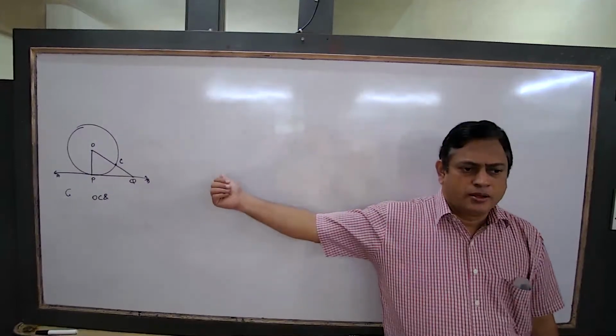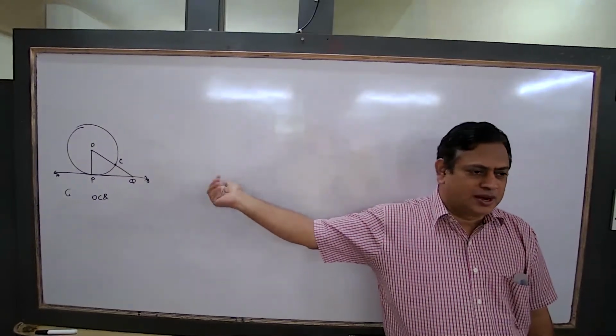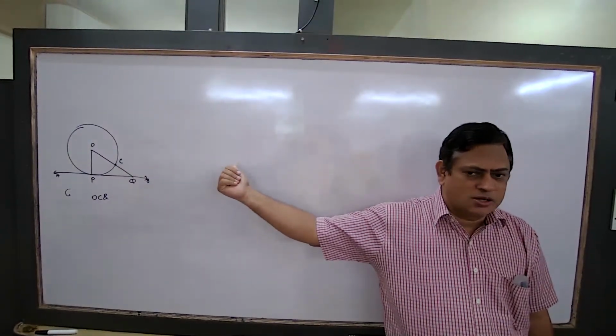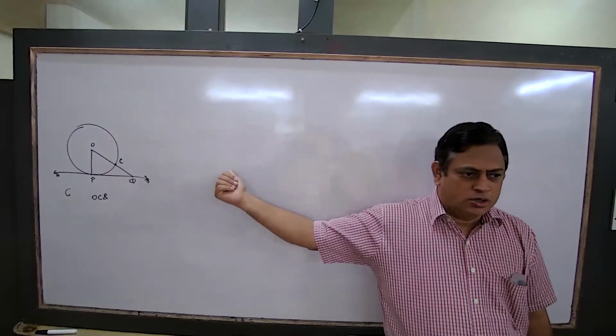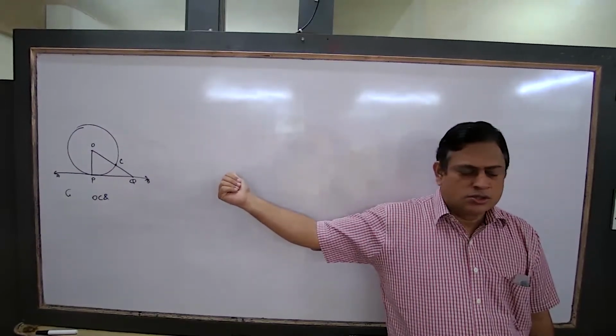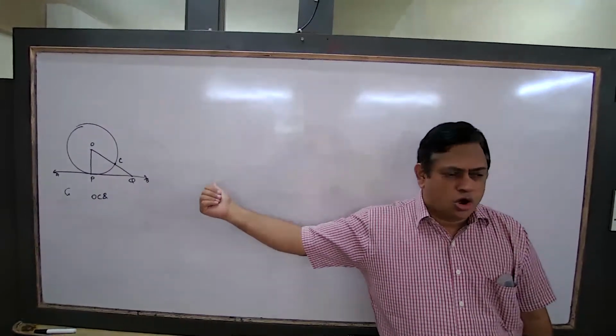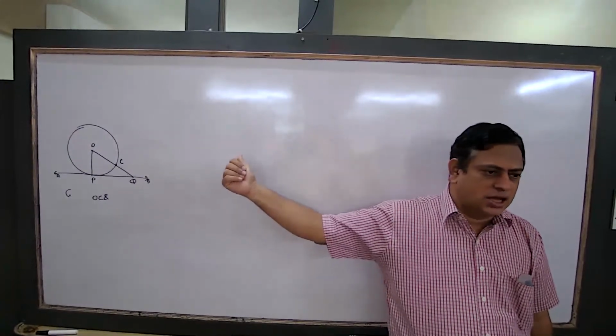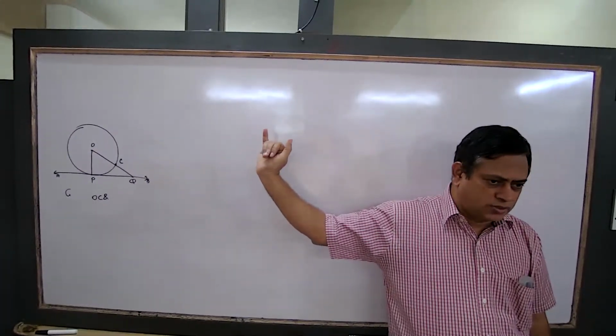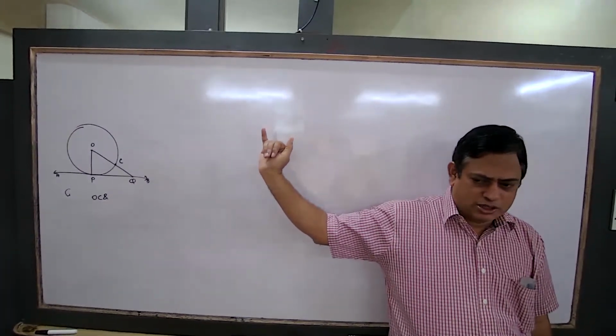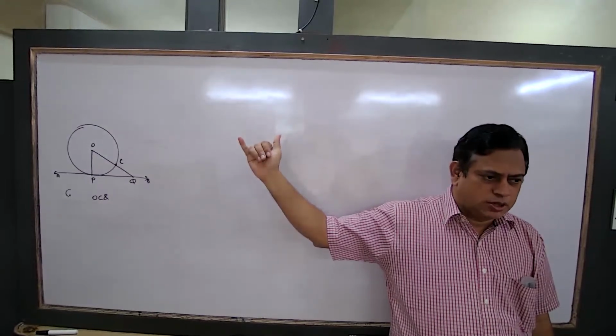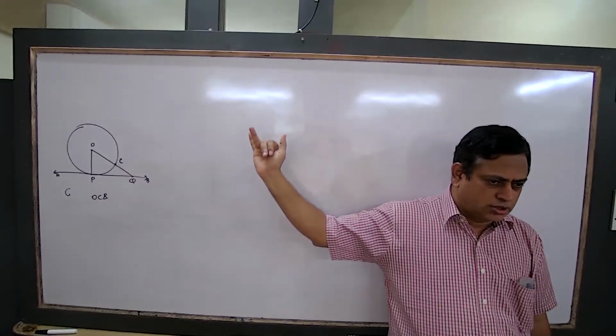Listen. Given and To Prove, that is over. After that, the proof. Statement 1: take a point Q on the tangent AB other than the point P. That is the first statement. These are compulsory statements. Next statement, join OQ. That is the second statement.